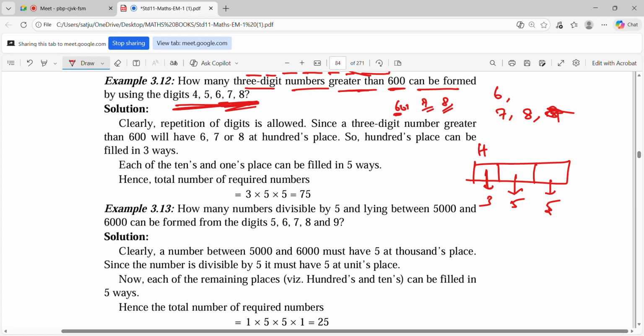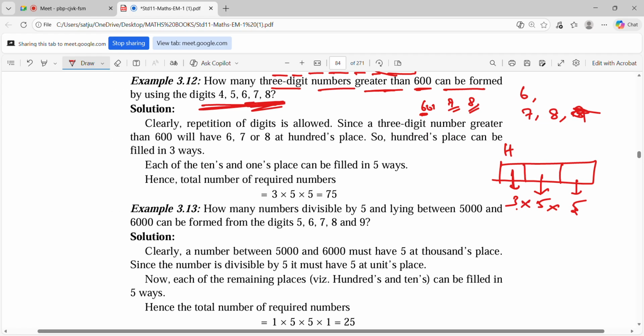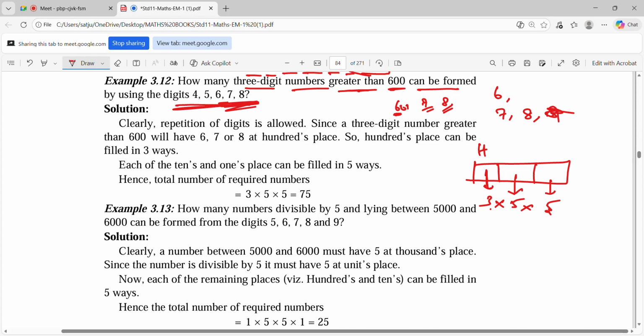Here any digit is possible, since the question says formed by using the digits and nowhere mentions distinct. So 3 into 5 into 5 becomes 75. Understood everyone? Shall I move to the rest?